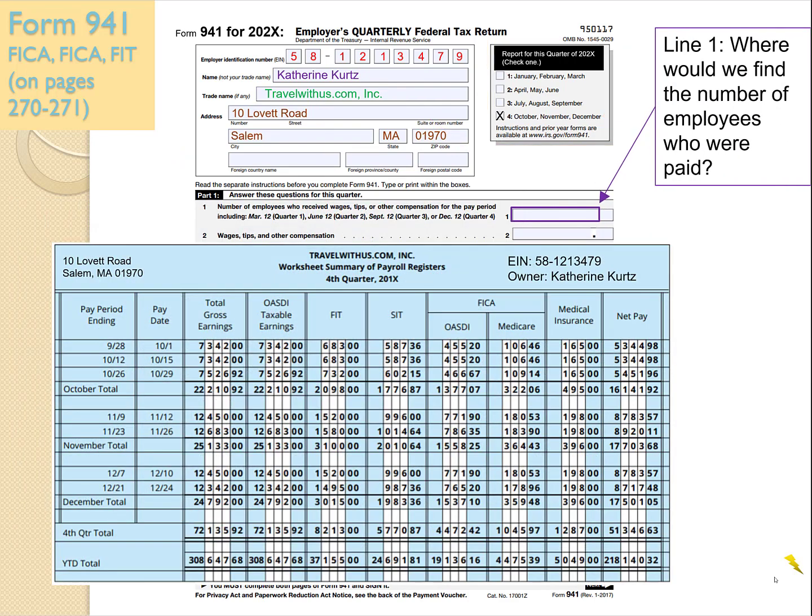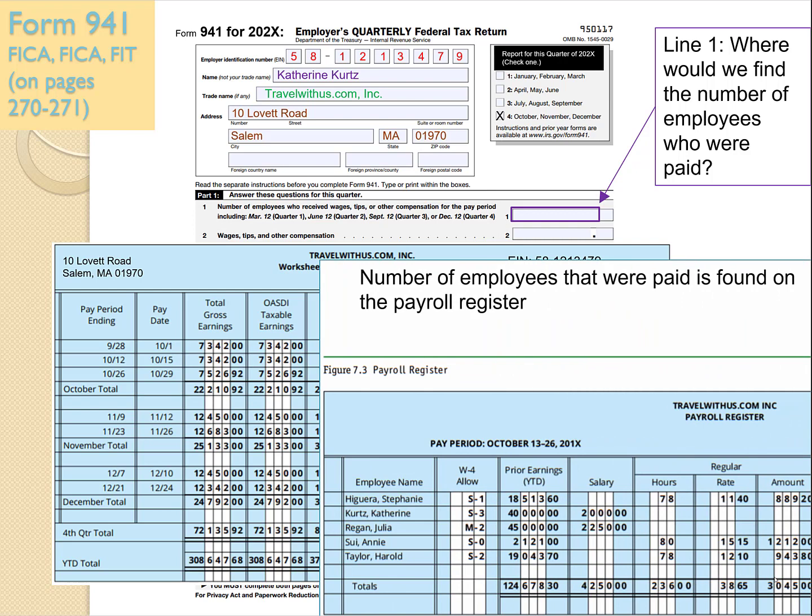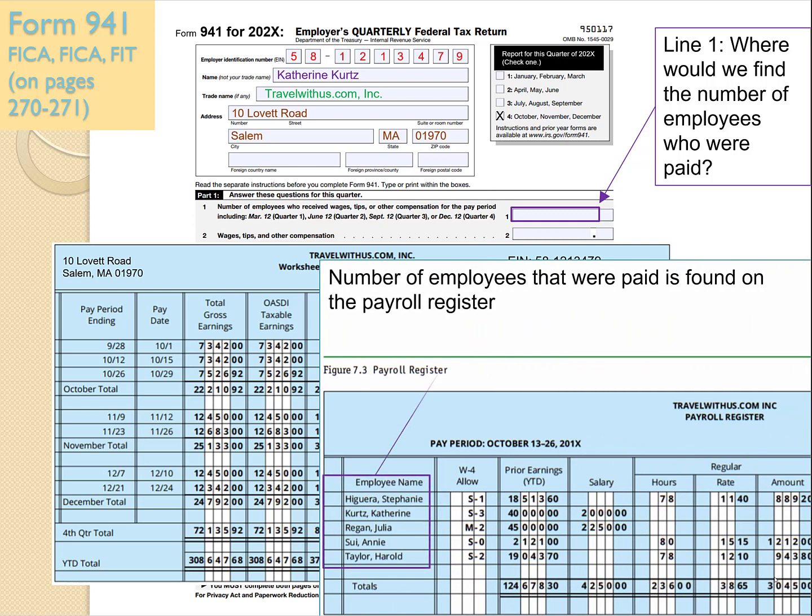Line 1, number of employees who received wages. Where would we find the number of employees who were paid during the quarter? From our payroll register. Looks like we've got 5 employees. So we're going to enter 5 for line 1.